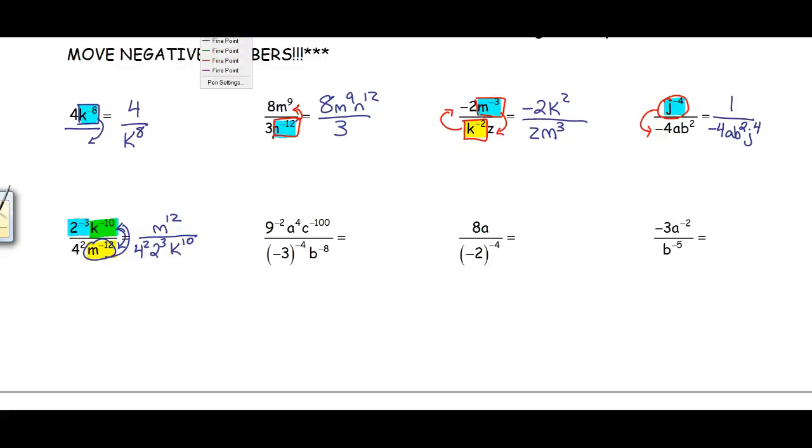You have 4 squared times 2 raised to the 3rd power. So 16 times 8, k to the 10th equals 128 k to the 10th. So your final answer will be m raised to the 12th over 128 k to the 10th.